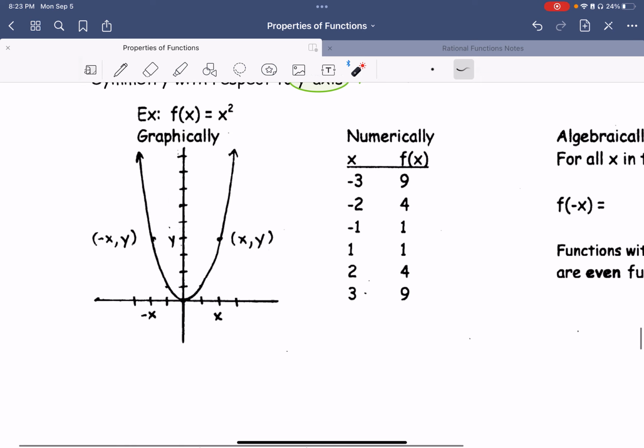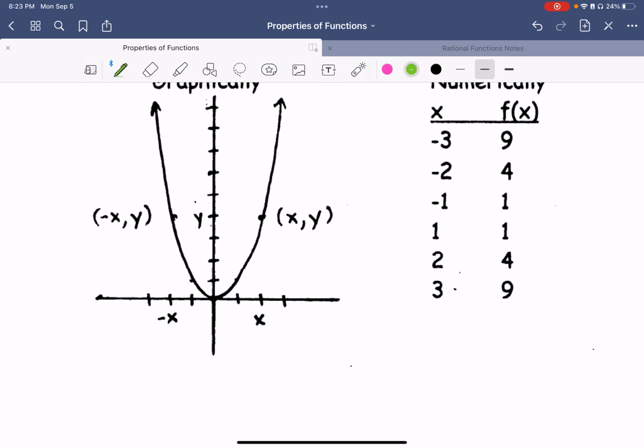Okay, now you can see we have two points here. You're always going to have this be the same. For the x values, they're always going to be opposite. And what I mean by opposite is that one of them will be positive and the other one will be negative.